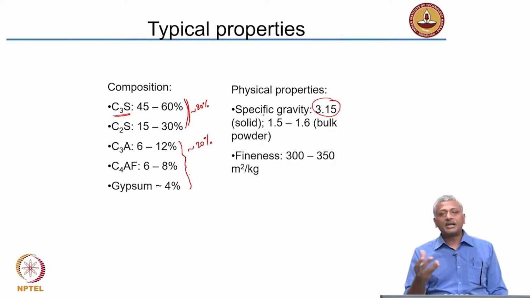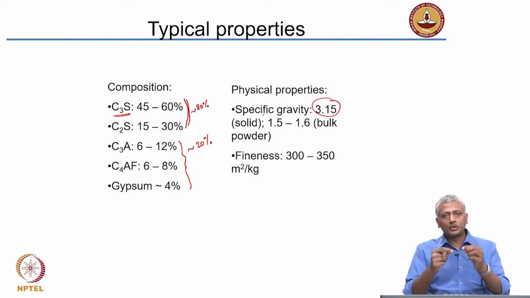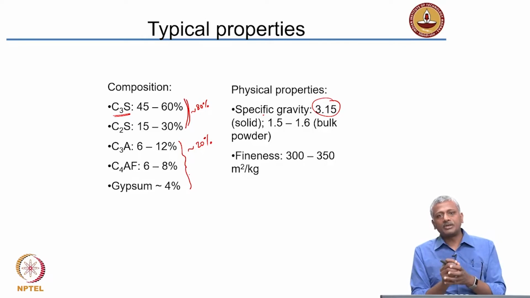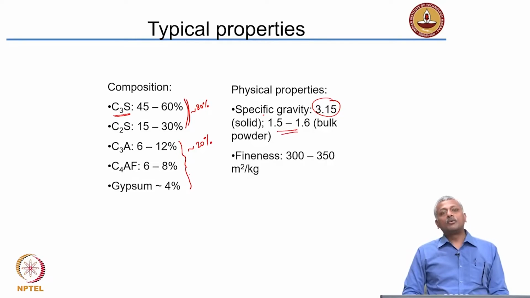However, when you take it in bulk and put it in a container, what happens is the particles do not come very close to each other. There are voids or air gaps that you have inside. Okay? When you take a bulk measurement, you will actually see that the density is 1.5 to 1.6, not 3.15. Okay? It is nearly half of that when you start putting it as a powder.